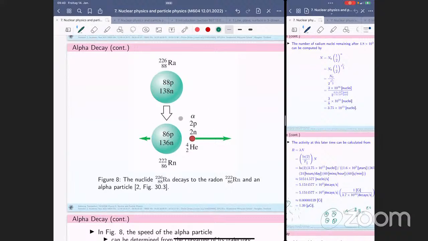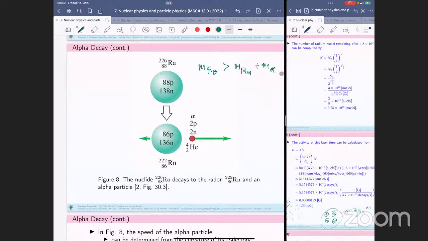And from the Einstein relation, let me write down: mass of radium is greater than mass of radon plus the mass of alpha particle. What does that mean? It means the excess mass, the mass that doesn't show in these 2 particles, will be converted to energy.